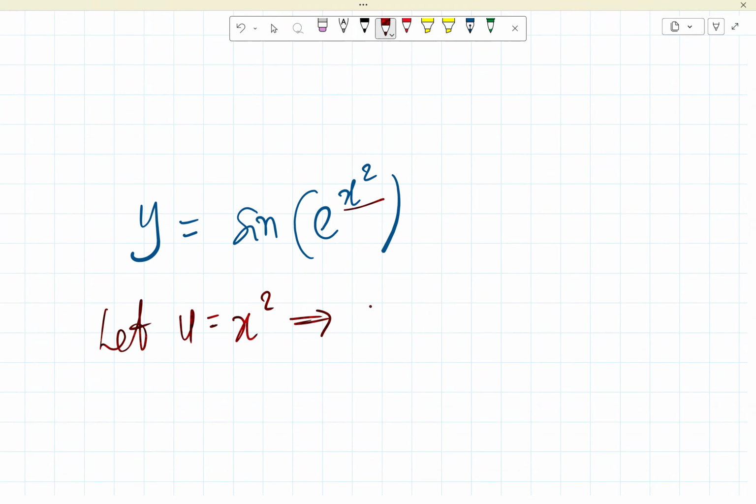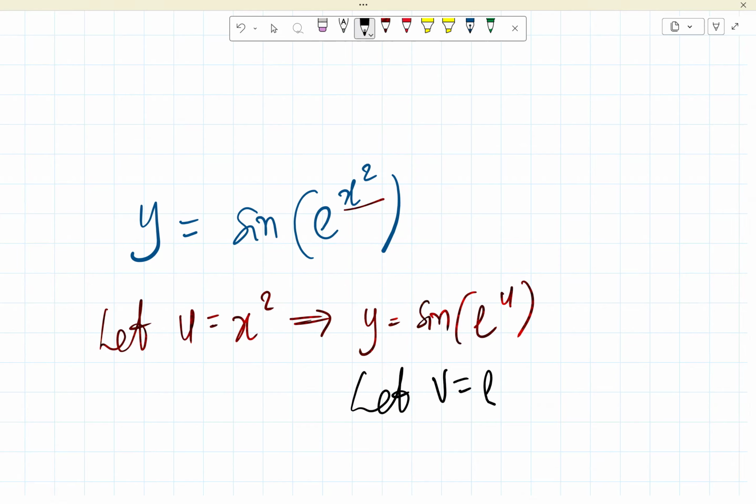So if u is x squared, that implies that y is equal to sine e raised power u, like this. So again, another level to this: let v now be e raised power u.